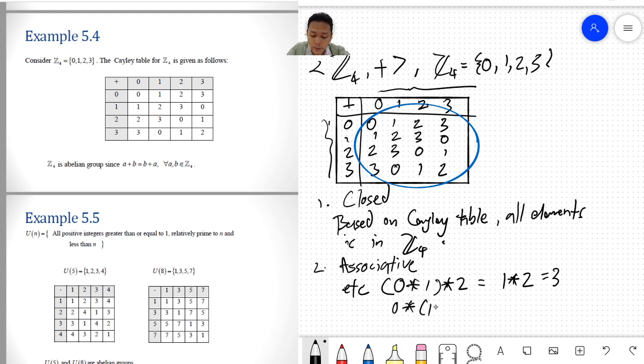If you do 1, 2 first, you will refer to the table, 1, 2, you get 3. And then 0 plus 3, 3 mod 4 is also 3.